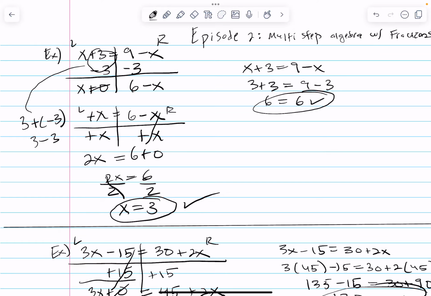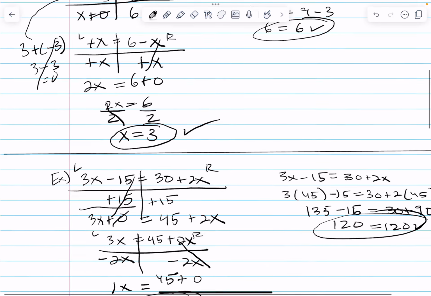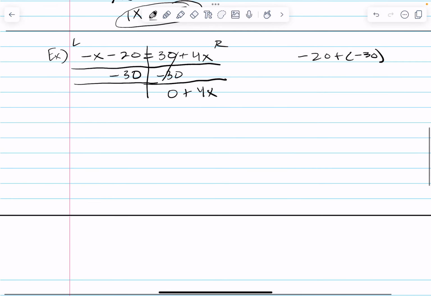And then this changes, and that's 0. So it's always a plus, and then the parentheses of the sign. So here it's negative 20 plus negative 30, or negative 20 minus 30, which is just negative 50.